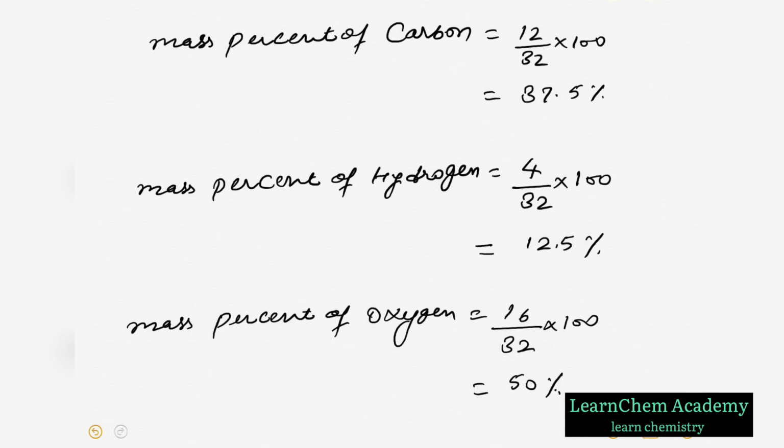The element other than carbon and hydrogen is oxygen, so oxygen's percentage will be 50%. We can get it directly also.